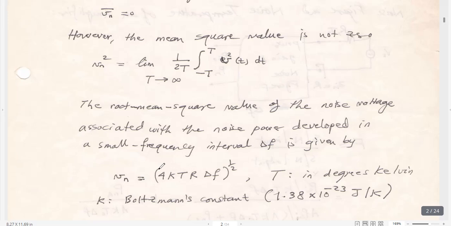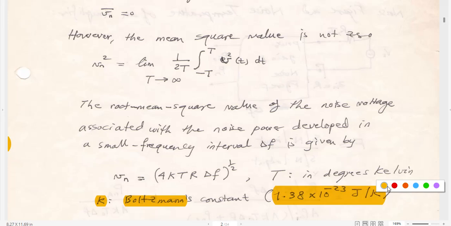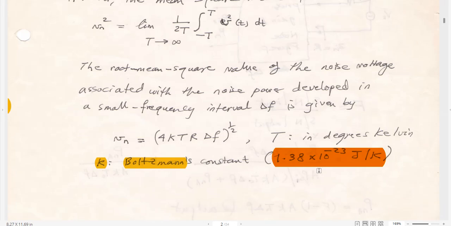The root mean square value is given by this equation here, the square root of 4kTR delta F. k is the Boltzmann constant, given by this value, 1.38 × 10⁻²³ joule per Kelvin, and T is the absolute temperature in degrees Kelvin, R is the resistor value in ohms, and delta F is the frequency bandwidth considered.